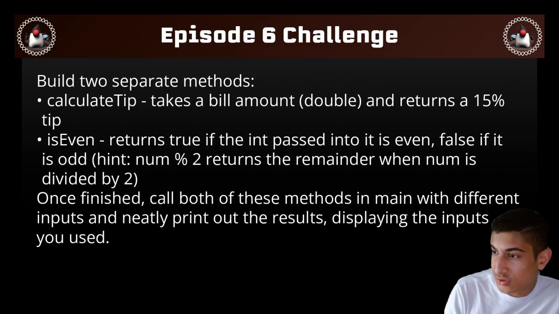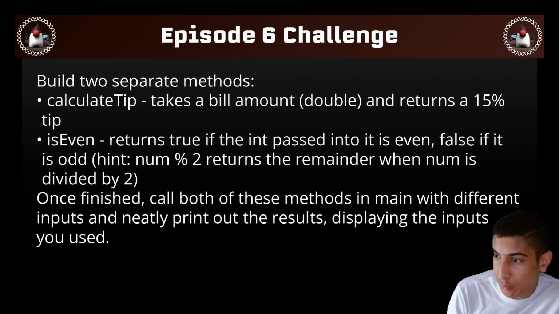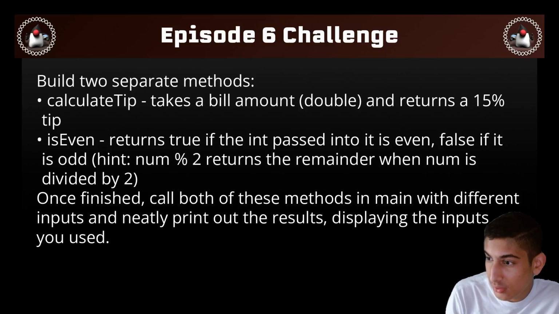Now for the challenge to cap episode 6 off, we want to build two separate methods. Firstly, calculateTip, which will return a 15% tip on a specific bill amount you pass into it, and isEven, which will return true if the integer passed into it is even and false otherwise. If you need help with creating isEven, then you can use the modulo operator, the percentage sign, and then 2.